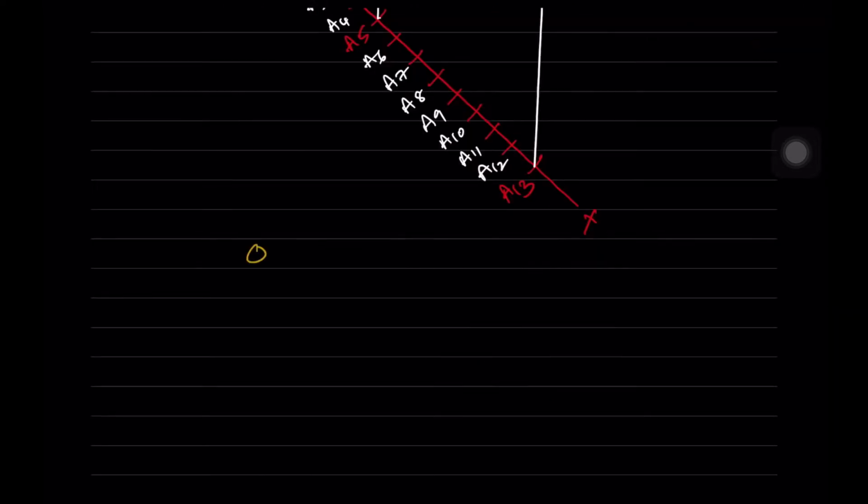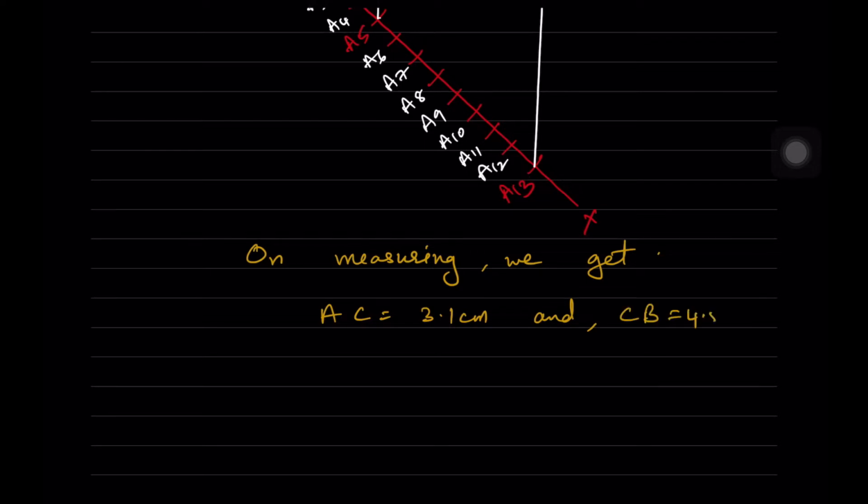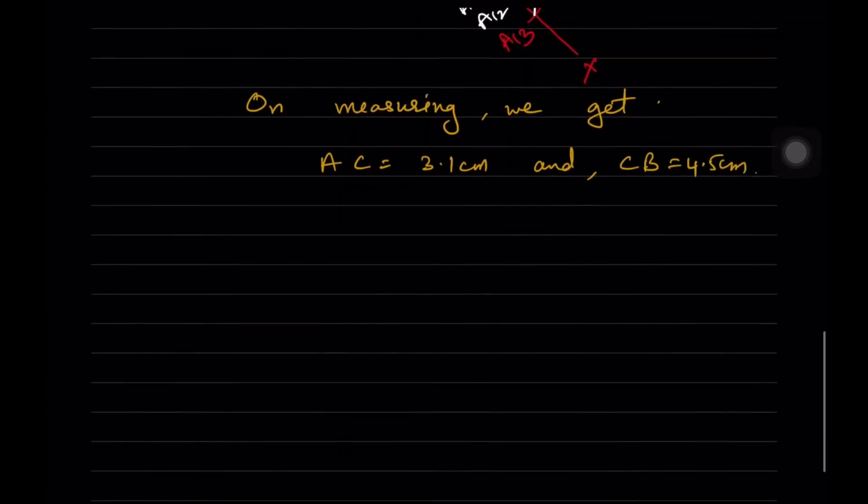So on measuring we get AC is equal to 3.1 centimeters and CB is equal to 4.5 centimeters. So the total will come to 7.6 centimeters.